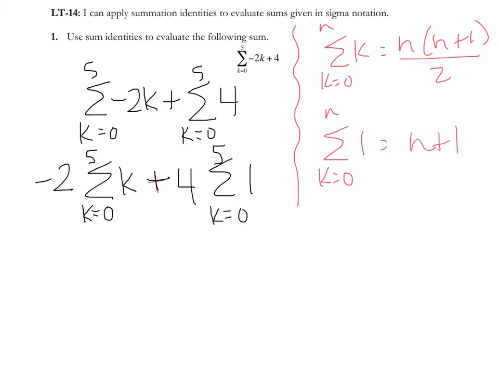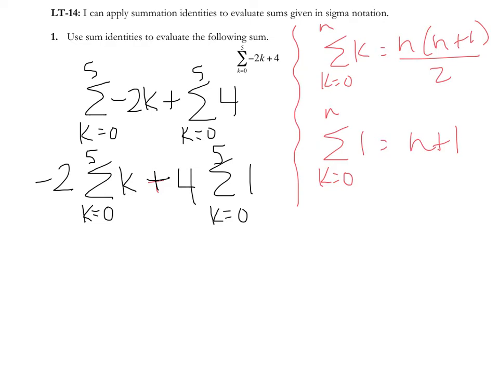So the idea is that if we can ever have something that looks like this, we can just replace it with this formula here. If we ever get to the point where we have something that looks like this, we can replace it with this formula here. So that's my goal, to get it down to these simpler looking sums that we actually have formulas for. Then we can just plug into the formulas and evaluate.